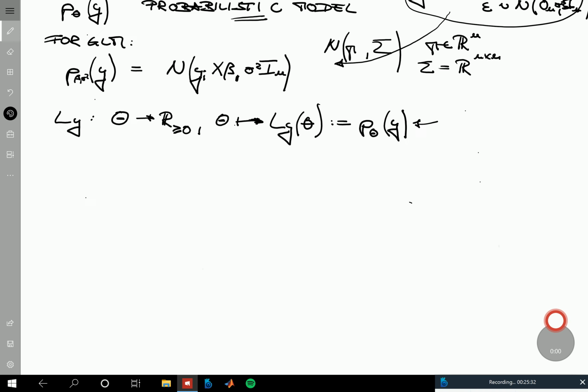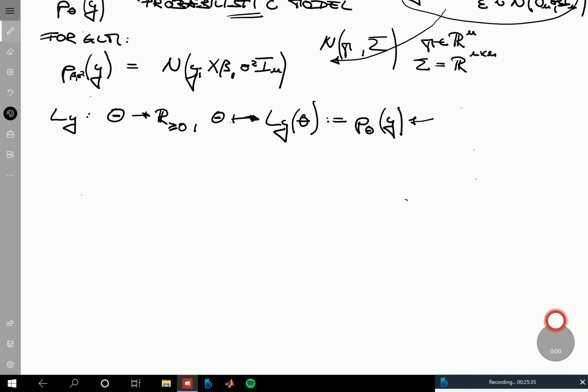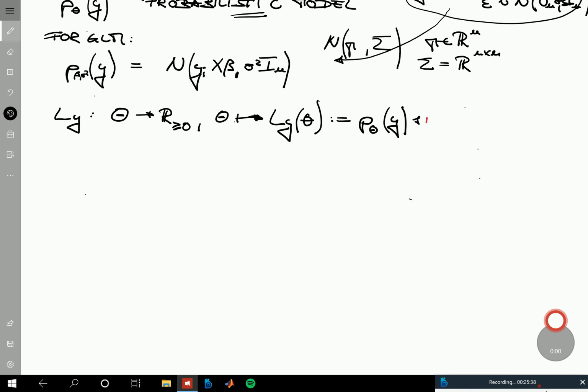Maybe let's do two more things before we go to stating this for the GLM. The first thing is, in terms of maximum likelihood estimation, what we now want is a value of the parameter that maximizes the likelihood function. So we want to find some parameter value in the parameter space big theta, such that the likelihood is maximal.